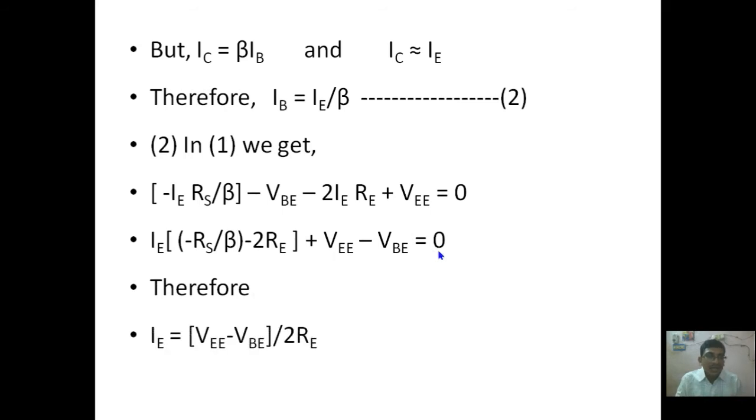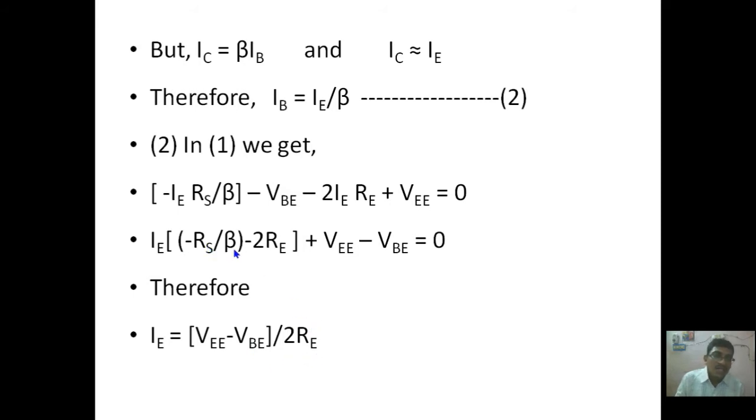Now, if you take this VEE to the right hand side, or else take the entire IE term with minus as common and move it to the right hand side, it will become plus. Whatever it is, IE is equal to VEE minus VBE by 2RE.